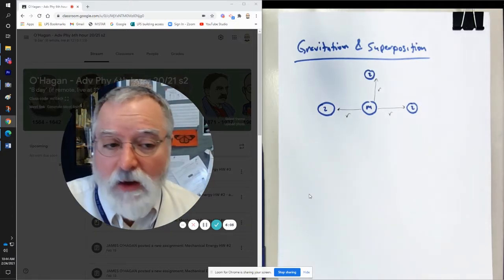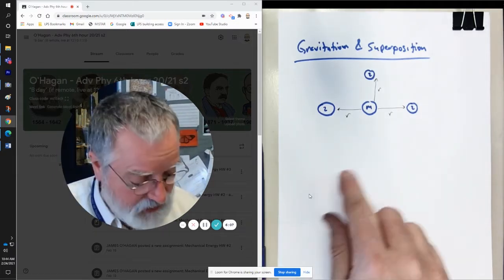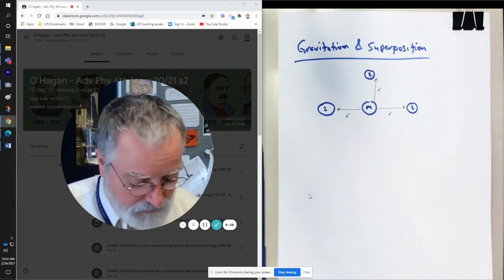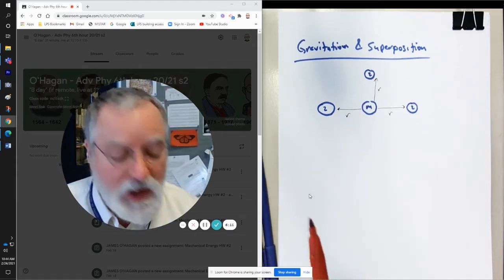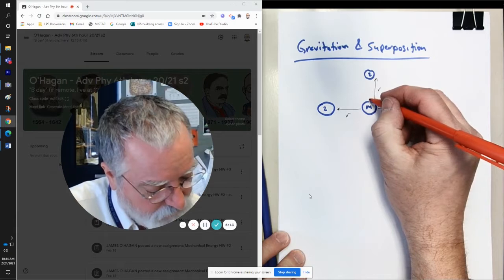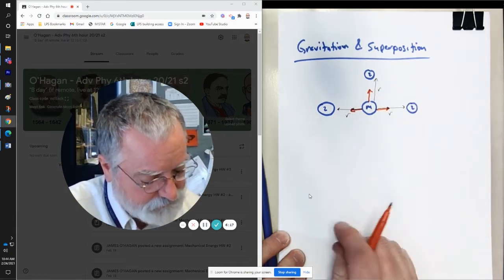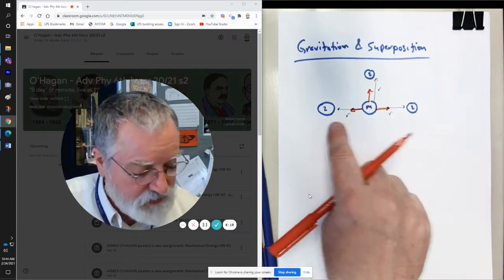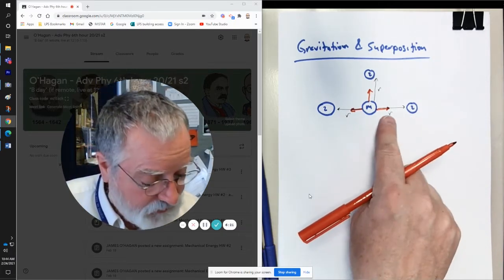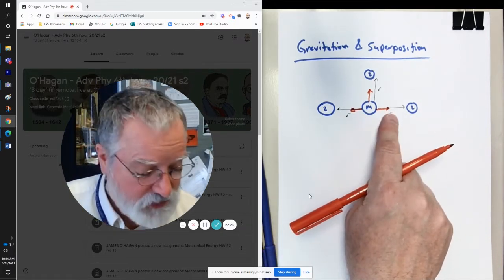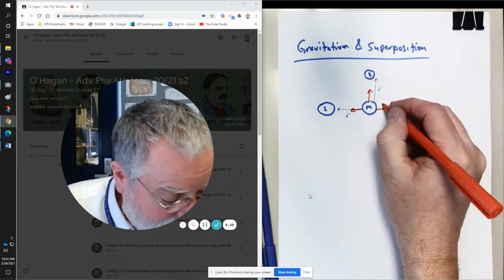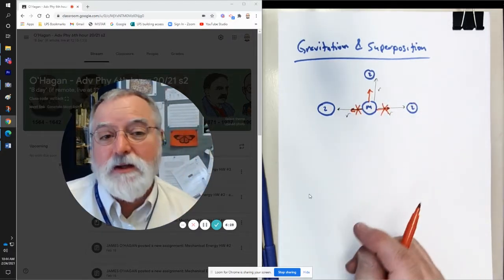And if I want to figure out how much gravity is pulling on M, well, gravity comes from 3 spots. It comes from the force up here, the force to the right, and the force to the left. Now, since both these masses are the same amount, these 2 forces are going to be the same forces. So guess what? We don't even have to include them in the calculation.